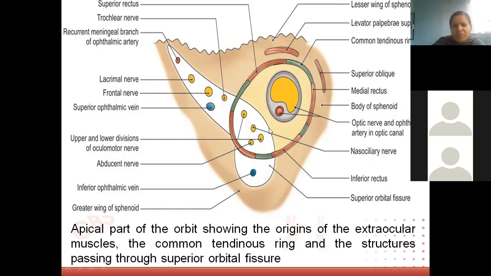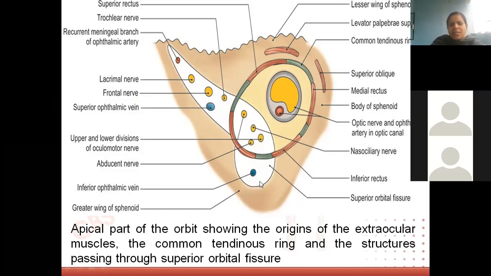Then you are finding many names, no? That is nasociliary, frontal, lacrimal. These nasociliary, frontal, and lacrimal nerves are actually branches of trigeminal. Direct trigeminal is not written here. Actually, they are named as nasociliary, frontal, and lacrimal. Apart from that, you are finding one artery, which is a branch of the ophthalmic artery, and tributaries of the ophthalmic vein, like the superior ophthalmic vein and inferior ophthalmic vein.